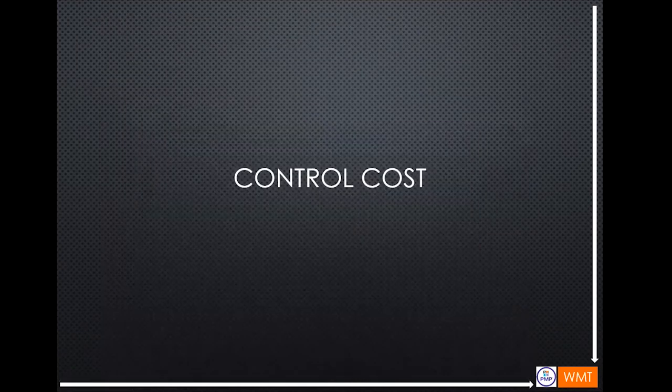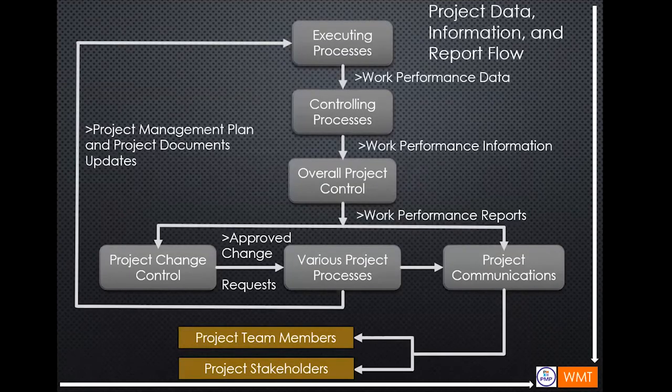So we go to control cost. This graph I already explained before, so I just give the definitions of work performance data, work performance information, and work performance reports.